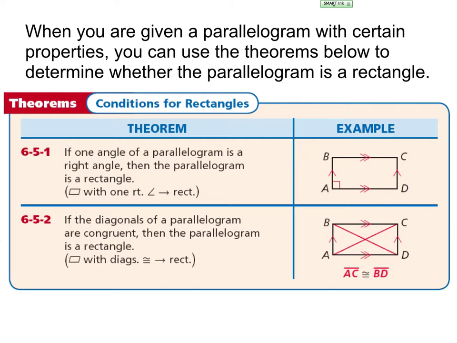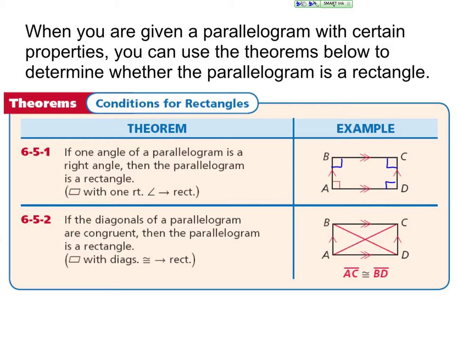If you have just one right angle in the parallelogram, why does that make them all 90s? Because the opposite angles are congruent, and the angles across from them have to be supplementary. The consecutive ones have to be supplementary. 90, 90, 90, 90, correct.